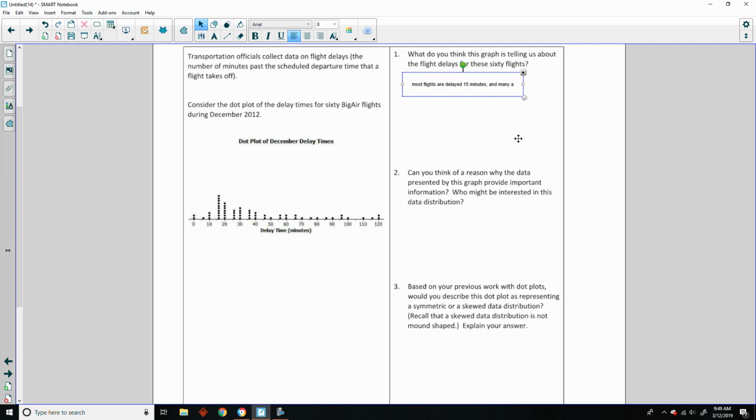And many are delayed for a longer period of time, up to 2 hours. Okay, maybe that font's a little small. Let's make that a little bit bigger.